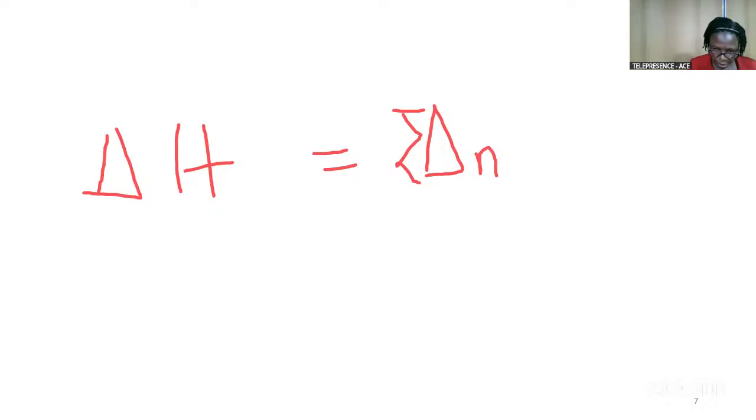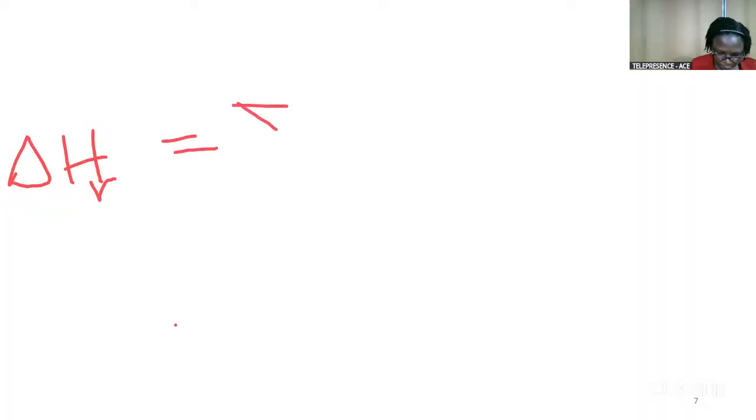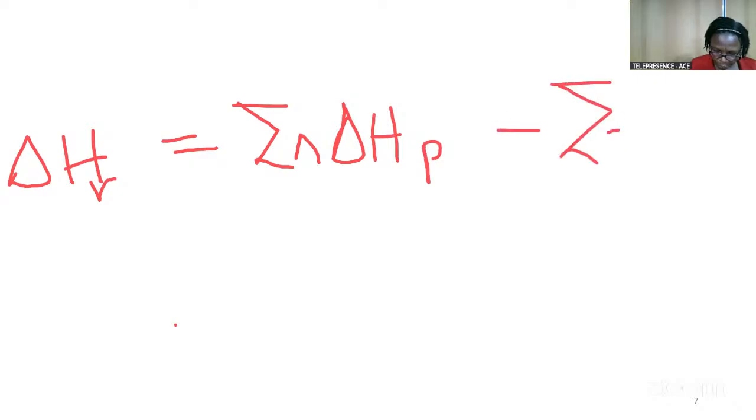So you have delta H, just like we did for entropy. For the reaction, it is going to be the summation of all the changes that you have for products first, minus the summation, bearing in mind the coefficients of that reaction.